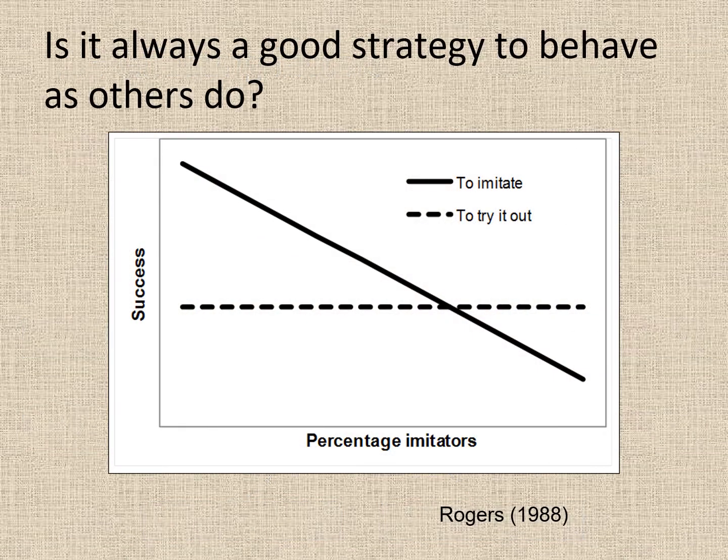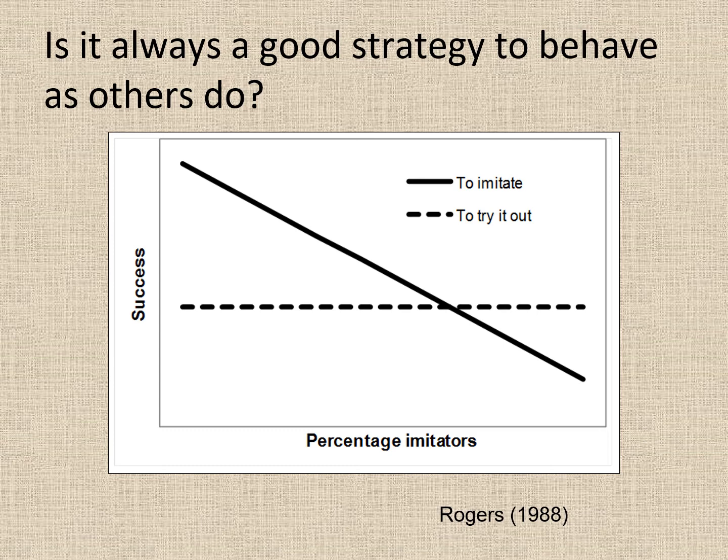I read this theoretical article many years ago, but I think it made an impression on me. This Rogers, he writes something like this. We have two main strategies. Either individual learning, you're trying to figure out how to behave in a certain situation. Either you try out the different alternatives yourself and pick out the best one.